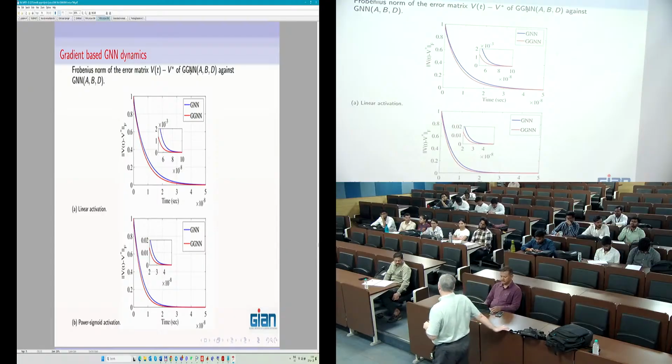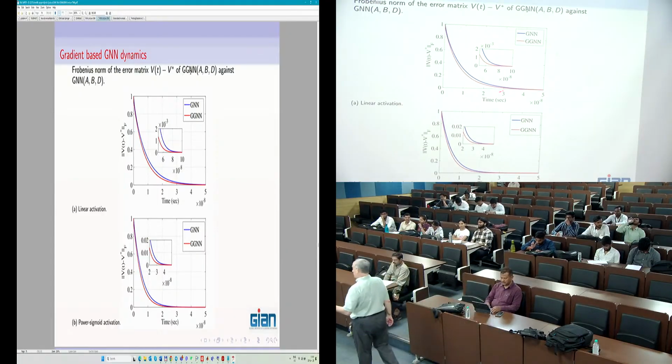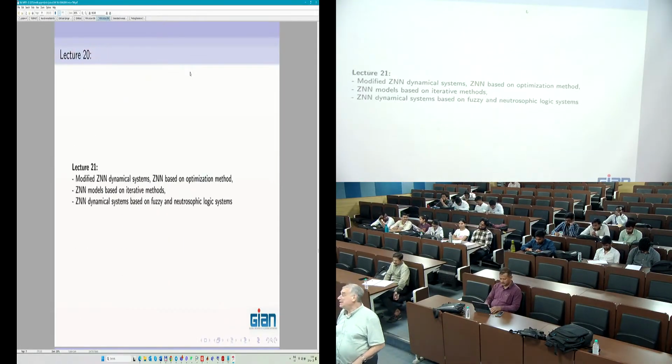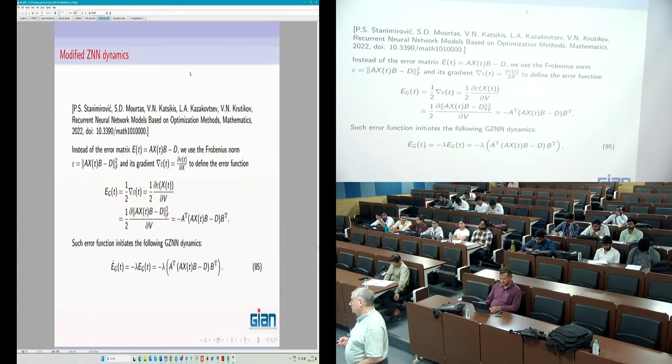Experience. I chose here only two pictures; in all cases, or in almost all cases, ZNN is faster than the GNN model. It is our first GNN.